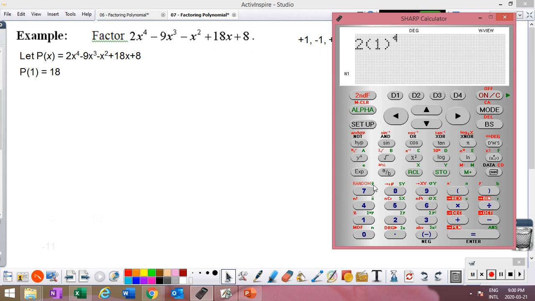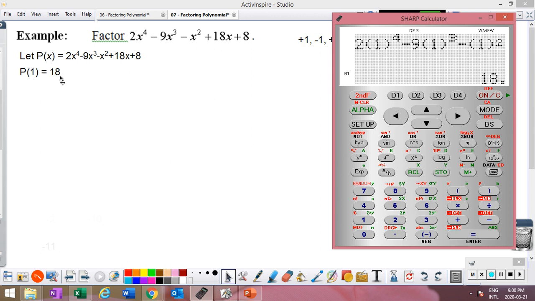My exponent button on this calculator looks like that. 2 times 1 to the 4th minus 9 times 1 cubed minus 1 squared plus 18 times 1 plus 8. When I type that all in, I get 18, as I had already written there in the slide. P at 1 equals 18.